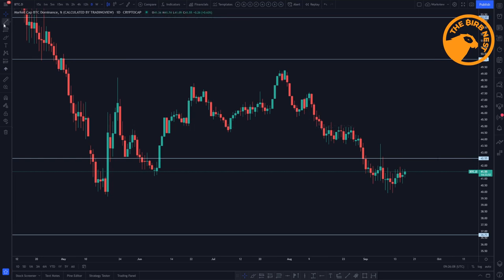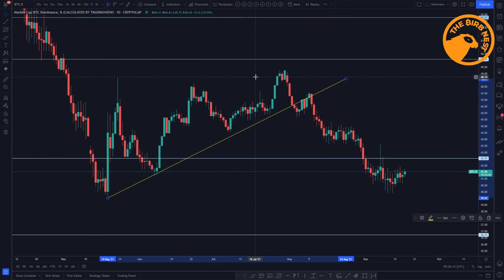So, for example, if Bitcoin dominance is in an uptrend, and you can draw maybe a trend line like that, it shows that it's better to be in Bitcoin than in altcoins. It doesn't show you if Bitcoin is dropping or going up, but in general, your money in the market is better off in Bitcoin compared to altcoins.